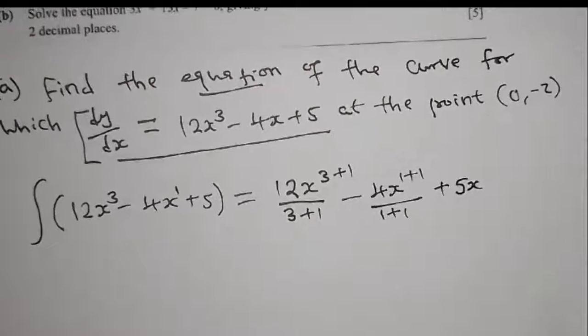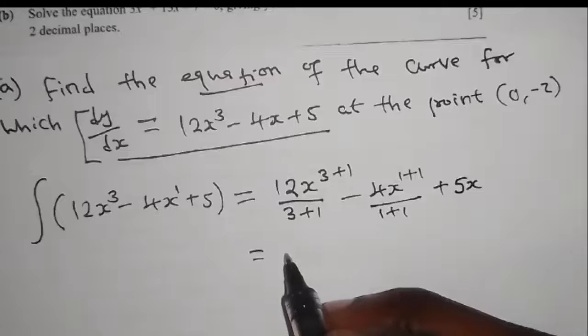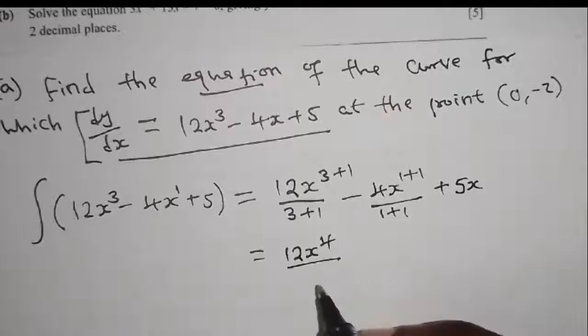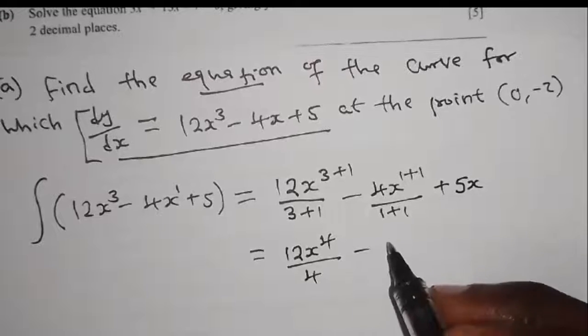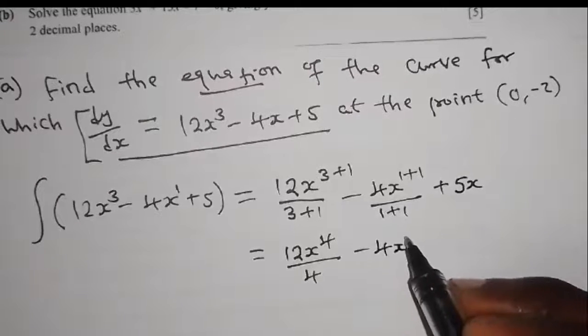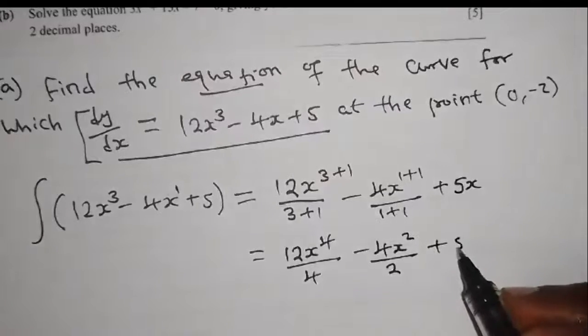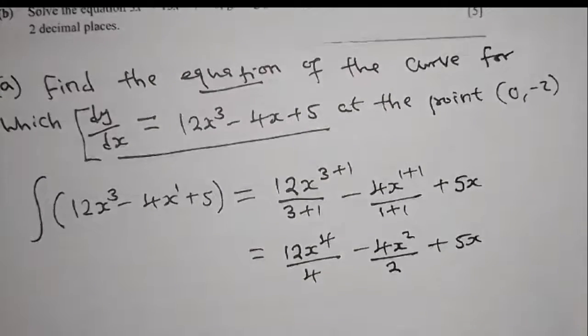Now after you do that, then now you can simplify. It's going to be 12x to the power 4 over 4 minus 4x to the power 2 divided by 2, then plus 5x.